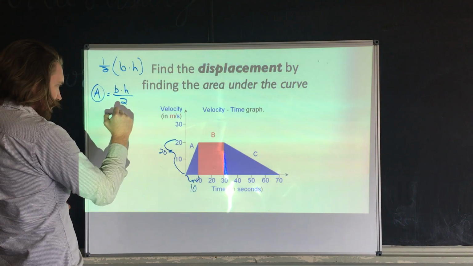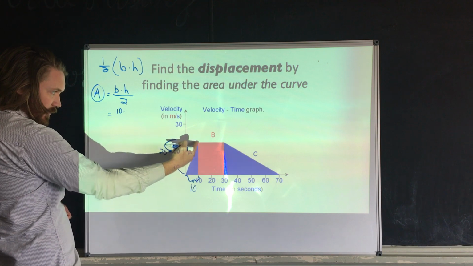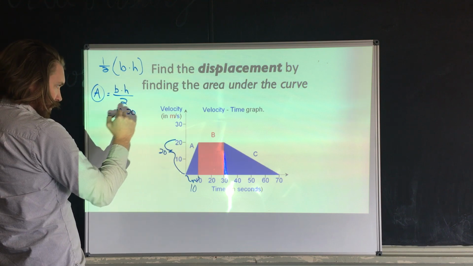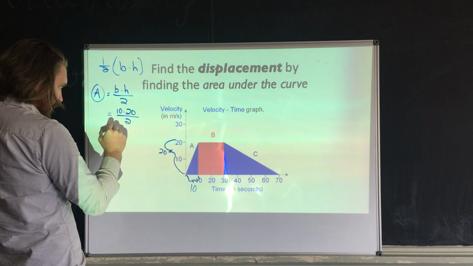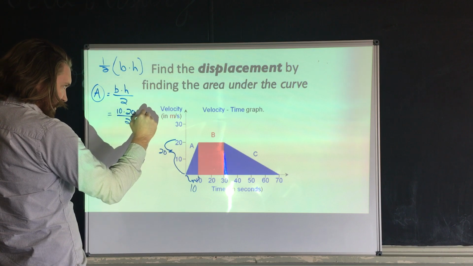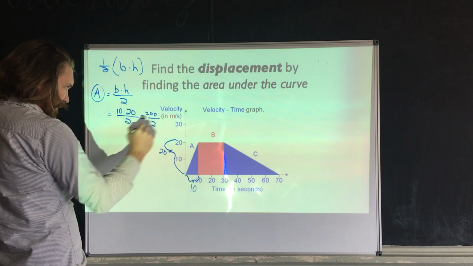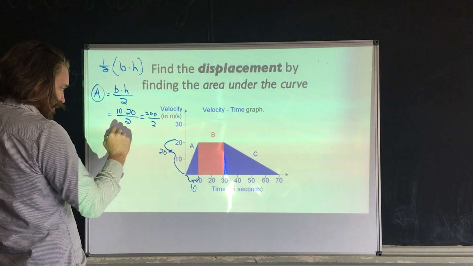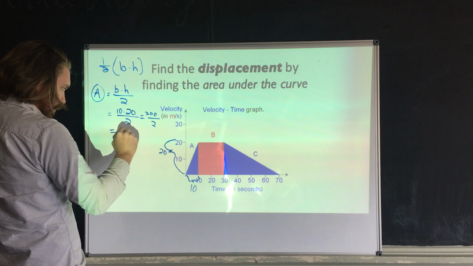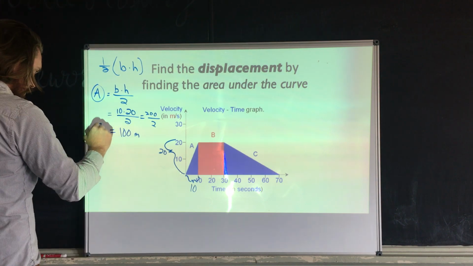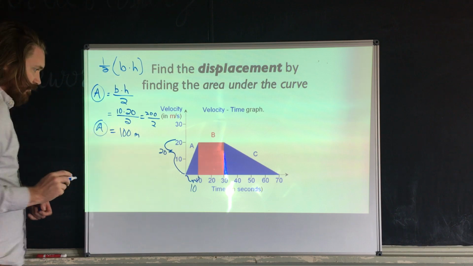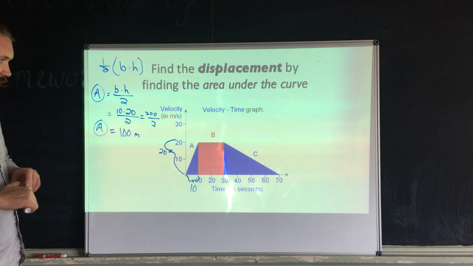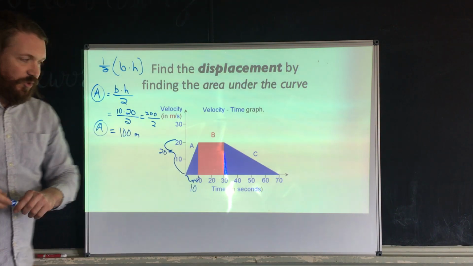Our base is 10, our height is 20, divided by 2. 10 times 20 is 200, divided by 2 gives me 100 meters. So A is 100. Check. Done.